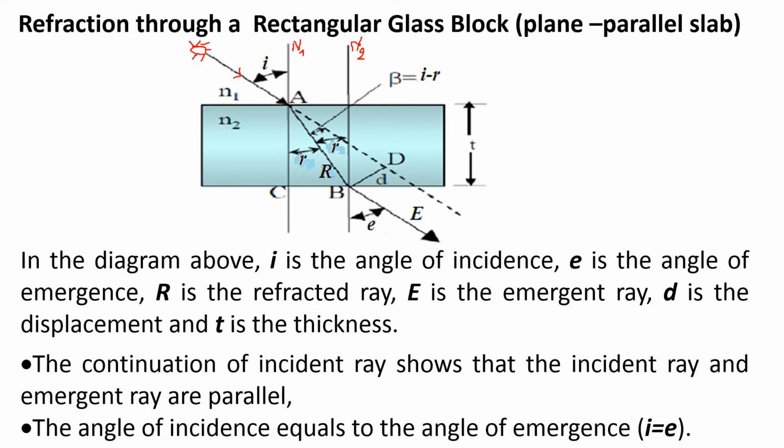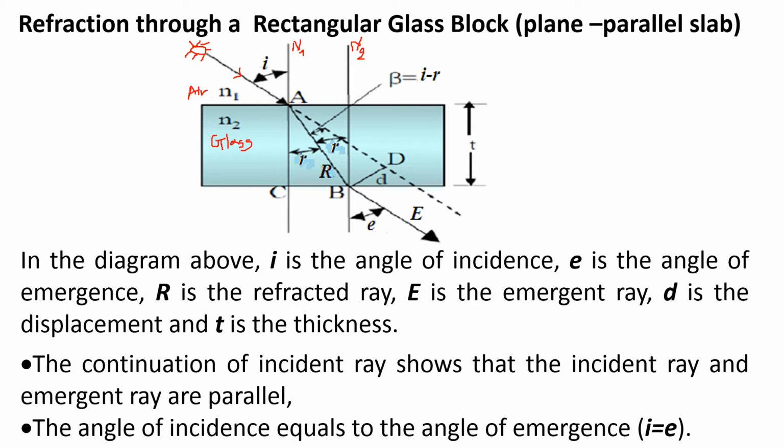Let us say medium 1 is air, and medium 2 is glass, because the material we have here is a glass block. And the light ray leaves the light source and reaches the intersection between air and the glass at the point of incidence A.